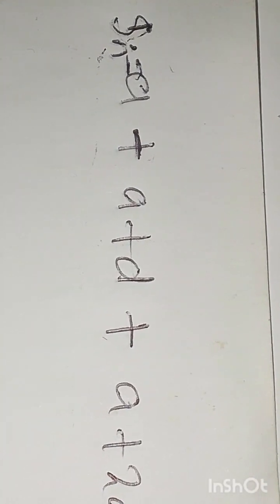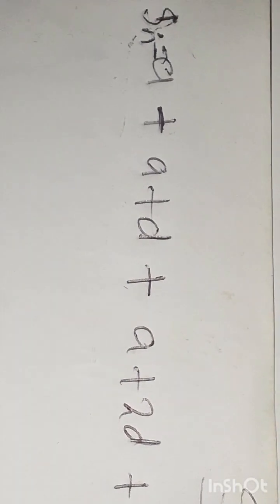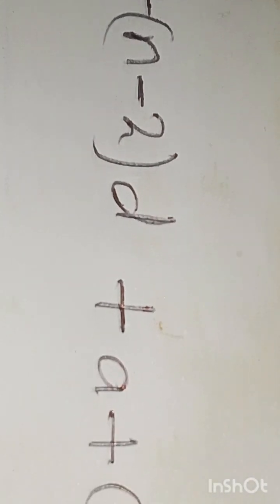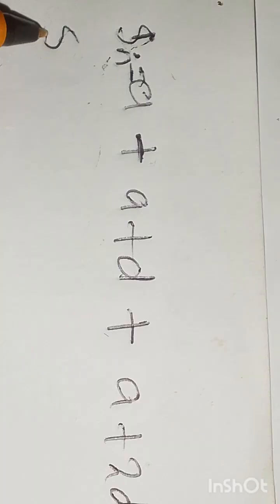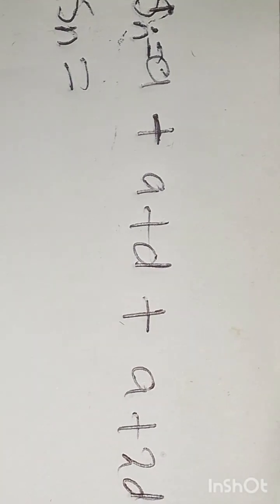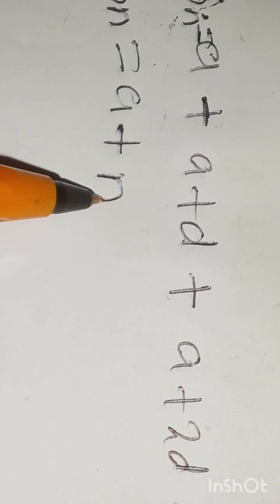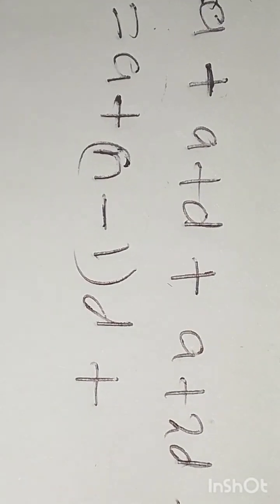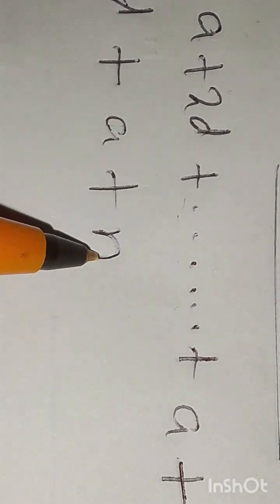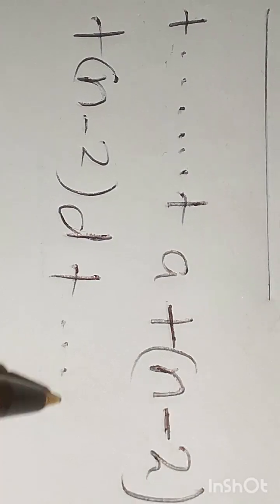Now we have written it from the first to the last, so we can write it again from the last to the first. Let's write this same equation from the last to the first. S of n is equal to the last term, a plus n minus 1d, then plus the second last, a plus n minus 2d, and it carries on.